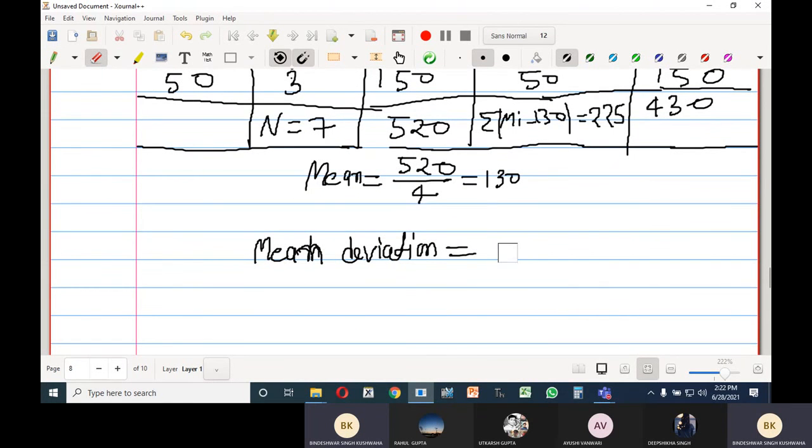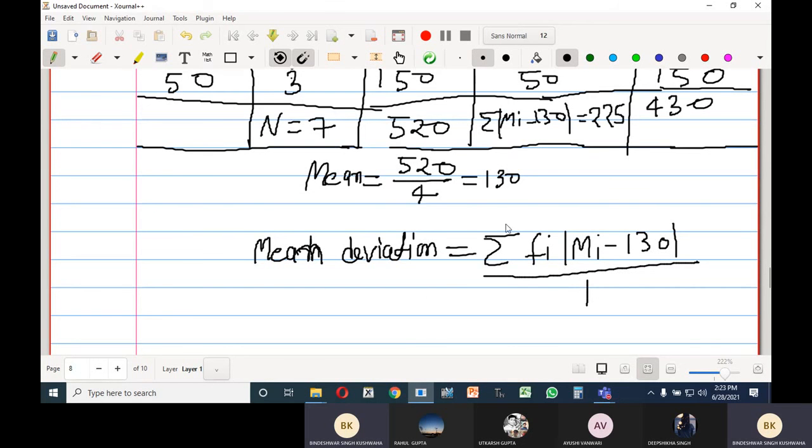Summation is for a sum here. I will make you explain that summation. Here summation Fi into Mi minus 130, deviation from mean, and thereafter you will write 4, not 4, 7, the sum of frequencies.